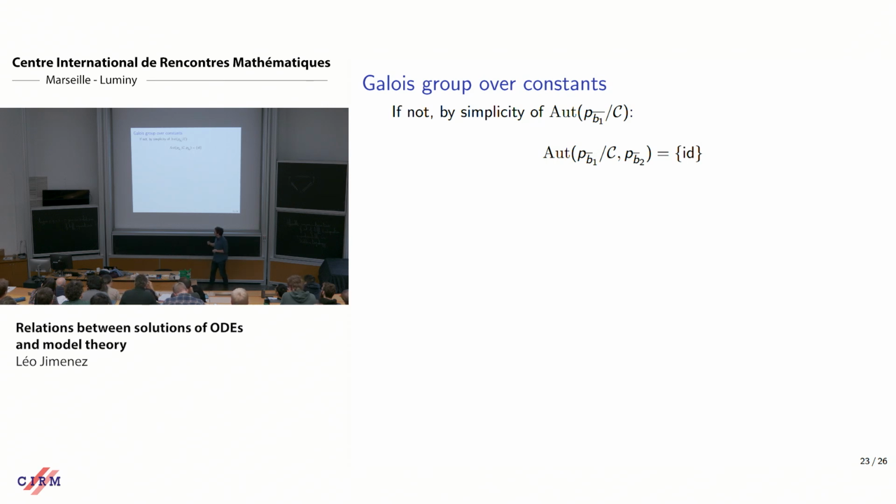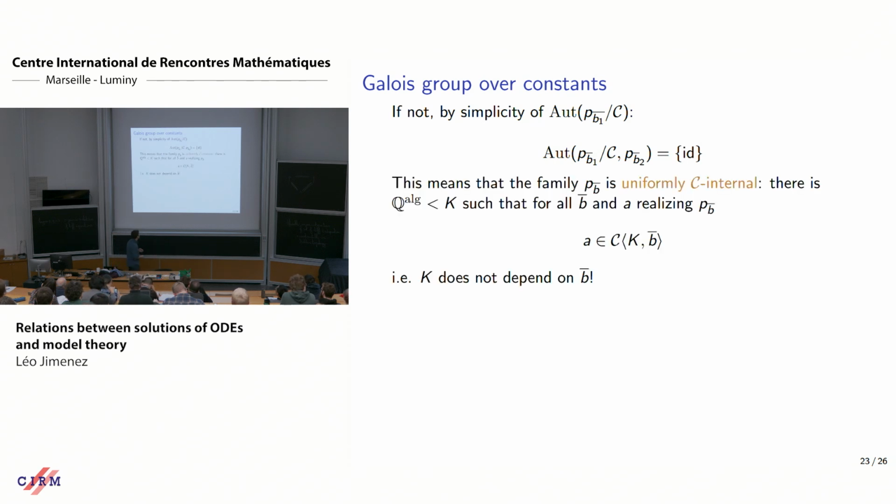Okay, so really what that means, and this is a bit more model theoretical terminology here, but let me explain it. This implies that this family is uniformly internal to C. And what that means is I can find an extension of Q-alg that I call K, such that for any B bar and any A in that fiber, in that PB bar, A is in the differential field generated by the constants, K and B bar.